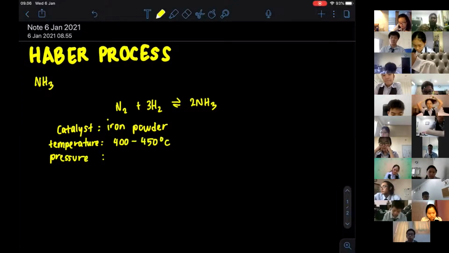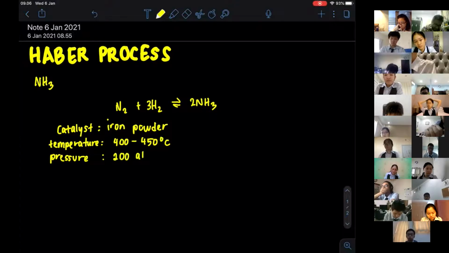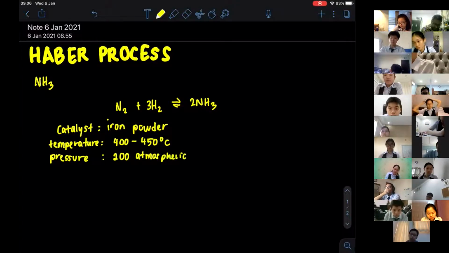You do not need to write 400 to 450 degrees Celsius in your exam. You can write it down as 400 or 450, it's up to you. And the pressure required for the Haber process is 200 atmospheric pressure.